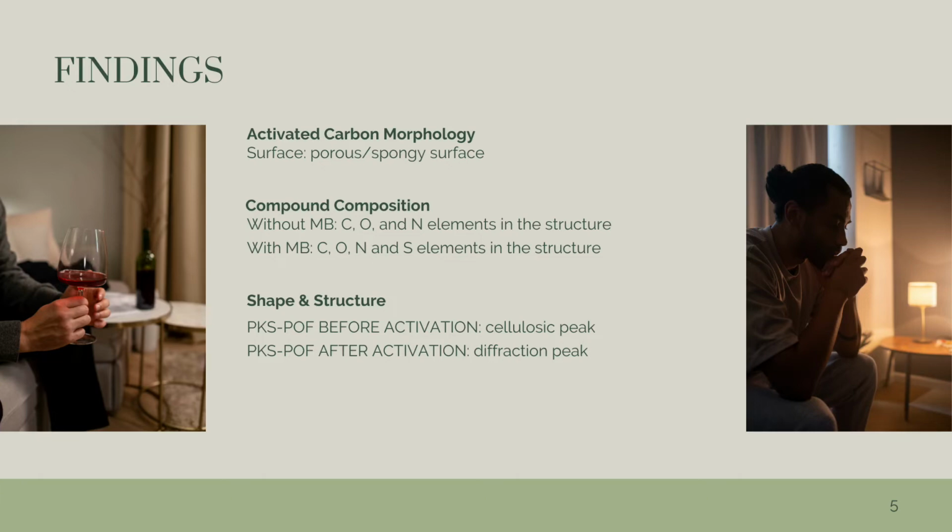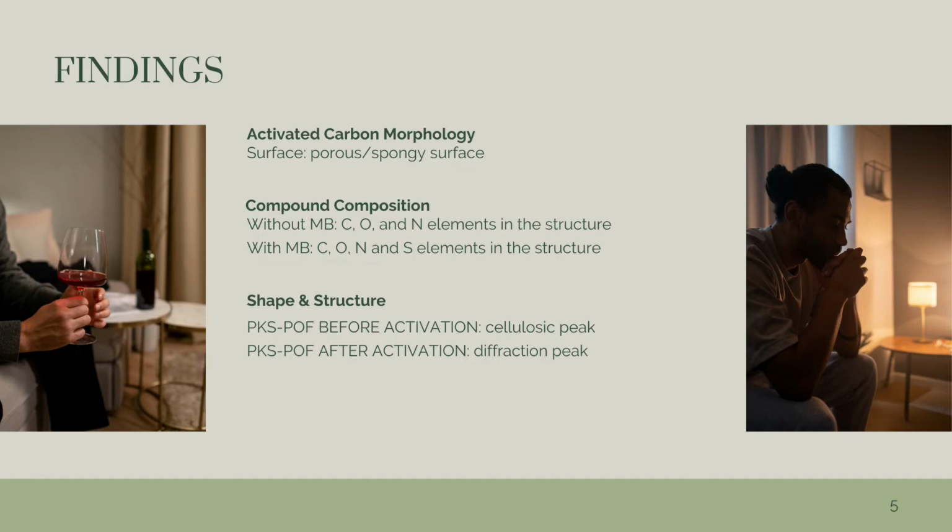The occurrence of C, O, and N elements in the structure of PKS and POF activated carbon was examined by EDX analysis. The surface of PKS and POF is denser with reduced pores after MB adsorption. This can be due to the stacking of the MB dye molecules on its porous surface.